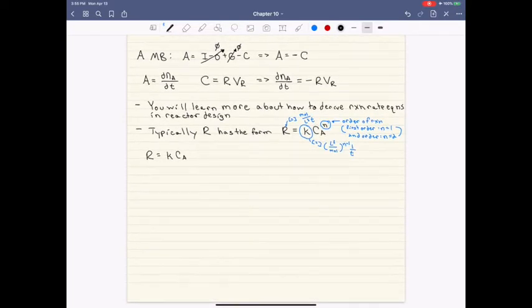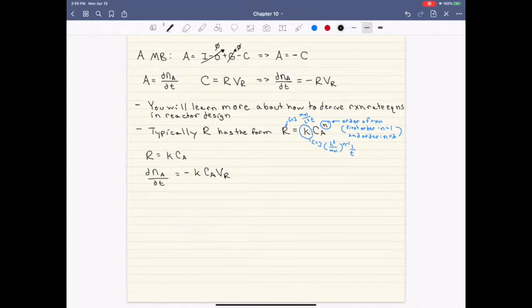Now if we plug that back into the material balance for species A, what we get is this, k Ca Vr. This is a true statement, but right now it's not so useful, because we seem to have a lot of variables here. We have Ca, Vr, we also have the moles of A.